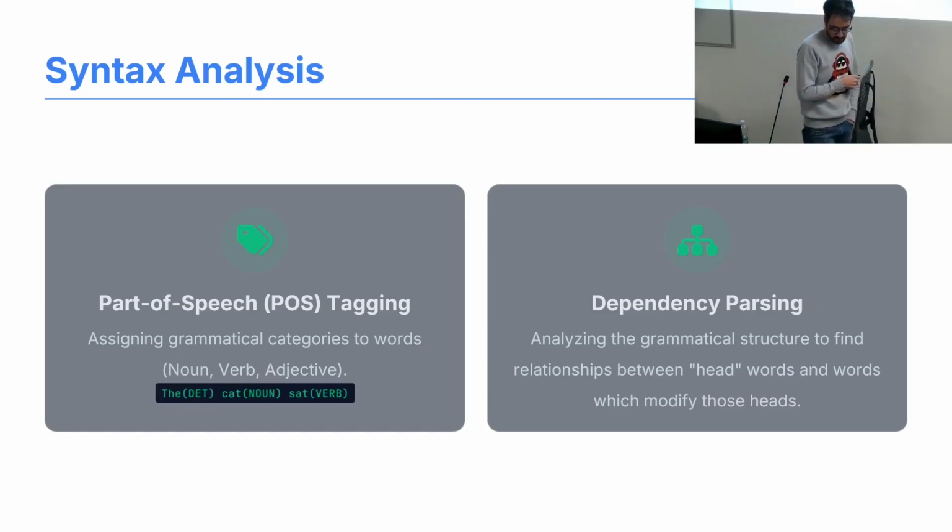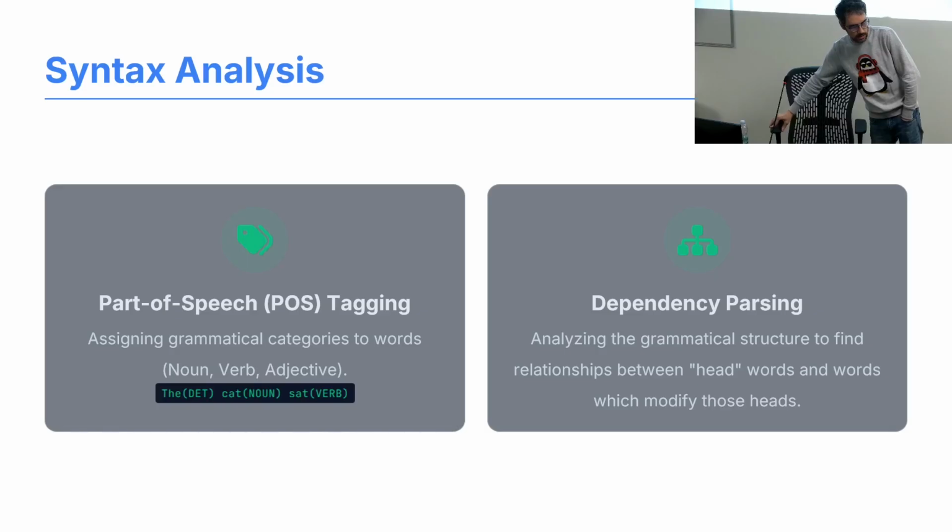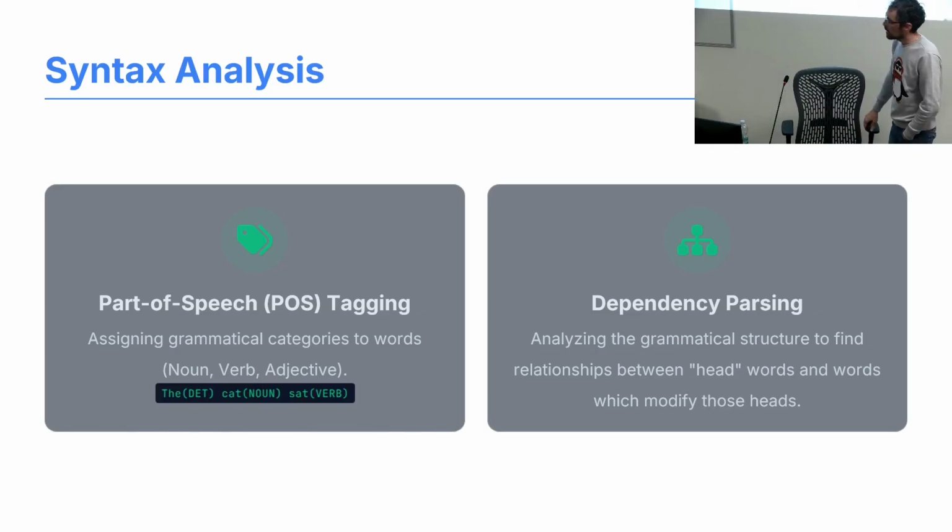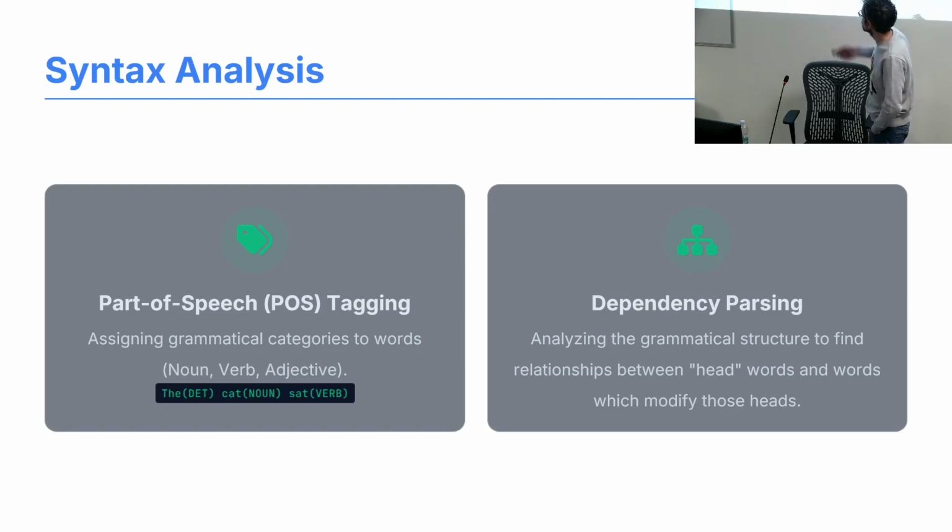Then other things you could do, and all of these things exist again since well before large language models, and are usually part of a natural language processing pipeline, are part of speech tagging and dependency parsing. Part of speech tagging, also abbreviated POS, basically tries to link words with grammar.